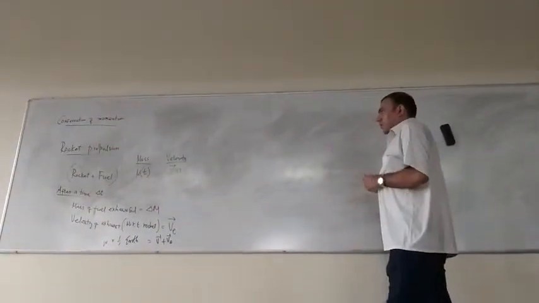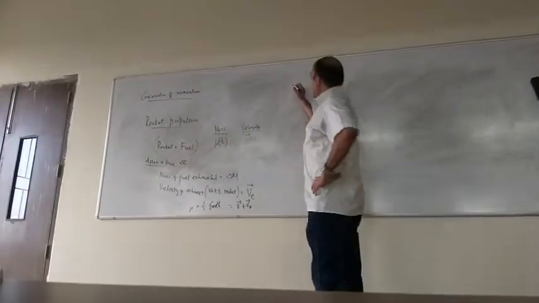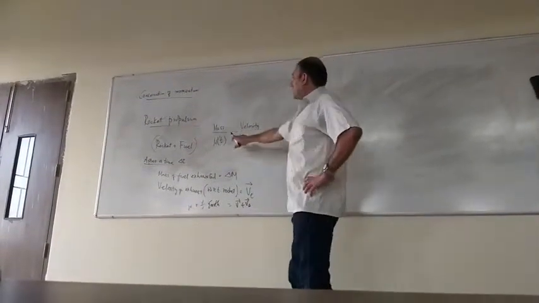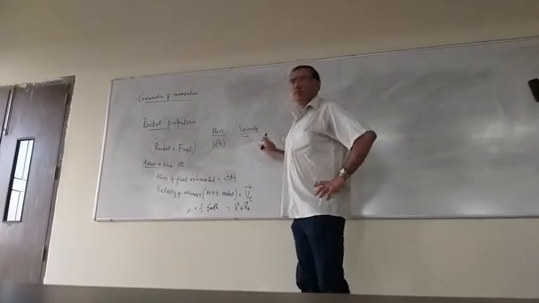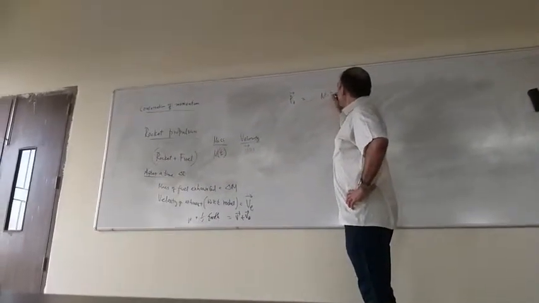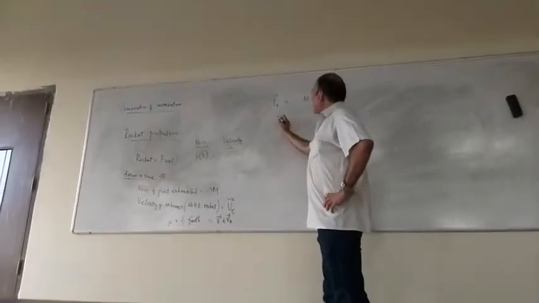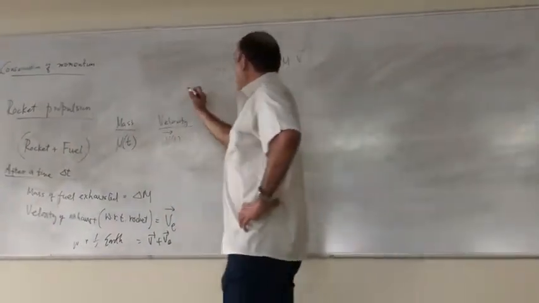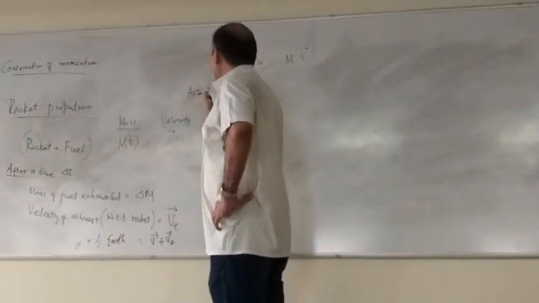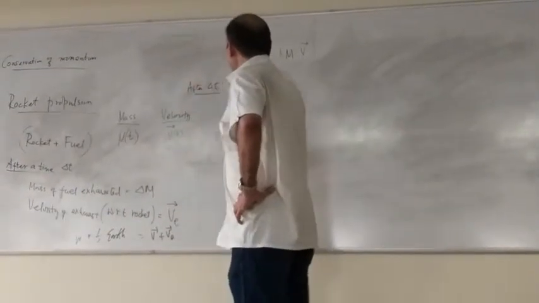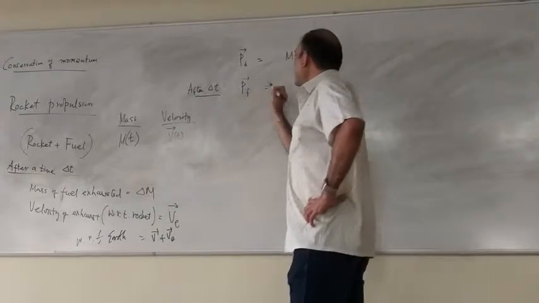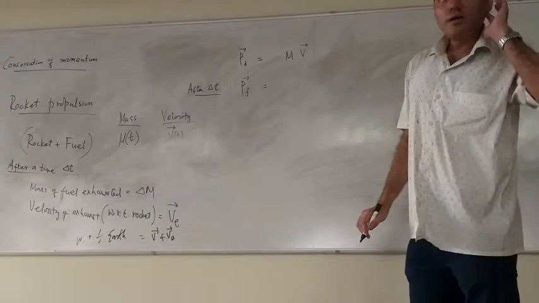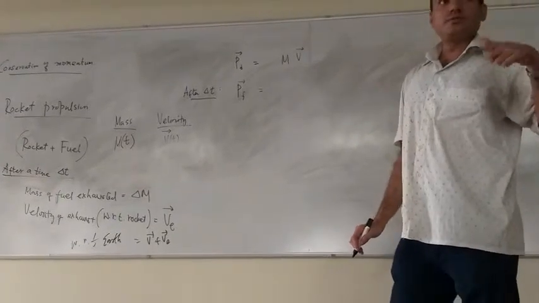Okay, so what is the initial momentum then? It's just the mass times the velocity. It's just M times v. After time delta t has elapsed, I'll call that t final, what is the momentum?